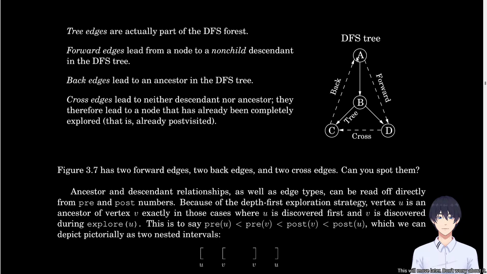A back edge is when you look at some place you've already been. A cross edge is where you look also where you've already been, but like at the same level of the tree.